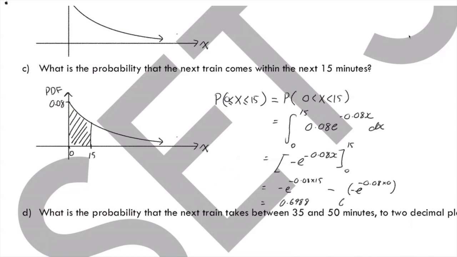We can write that as 69.88%. So there's your 69.88% chance for the train to show up within the next 15 minutes, which is pretty high.